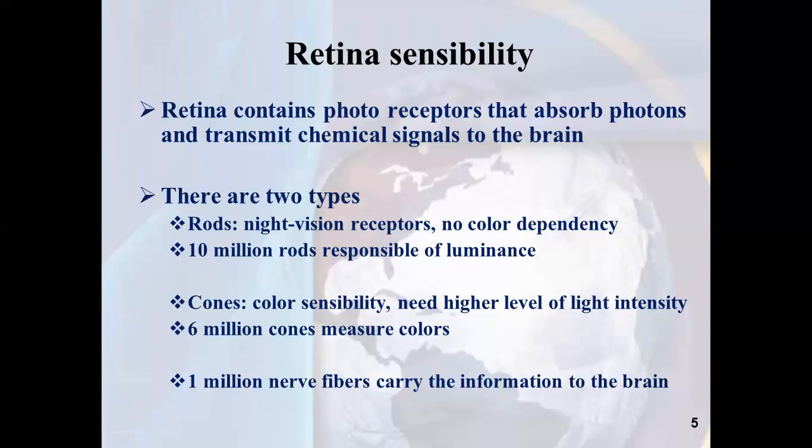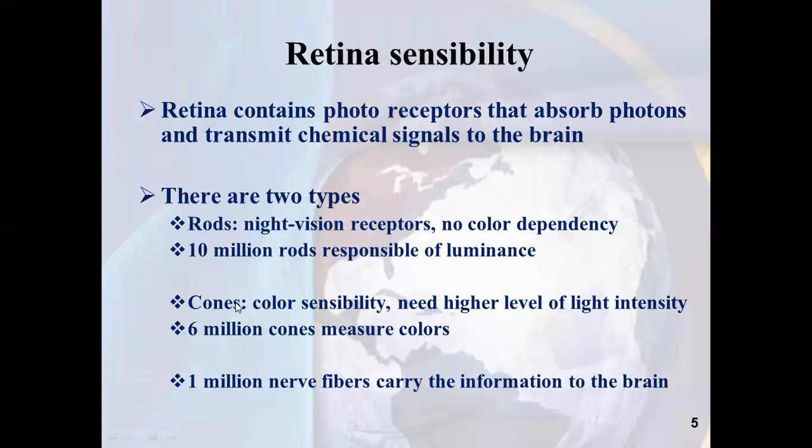We just see the object whenever there is light. We have 10 million rods responsible for luminance. You can imagine that you have in your eye 10 million rod receptors. Cones, in contrast, are color sensitive.